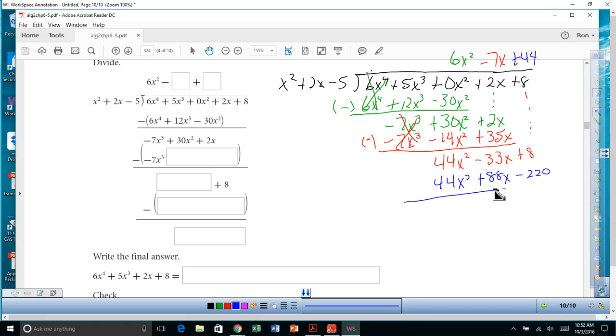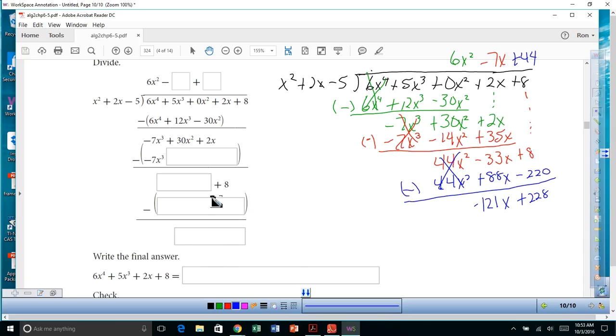All right, let's subtract the second line from the first line like we did before. So these will cancel out. Negative 33x minus 88x is going to be negative 121x. 8 minus negative 220, that's going to be 8 plus 220, which is plus 228. All right, good.